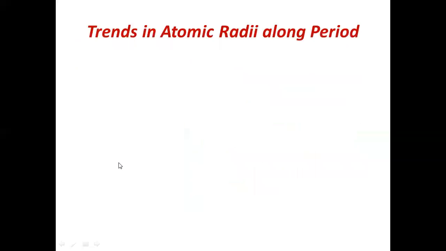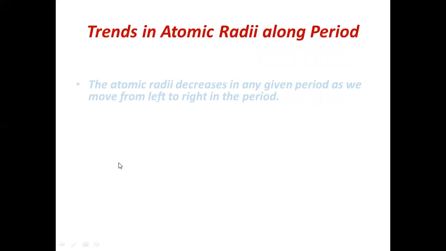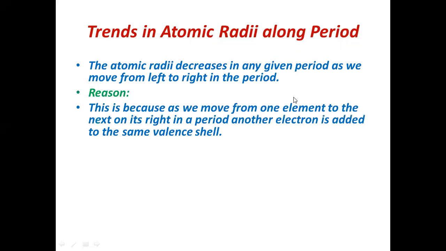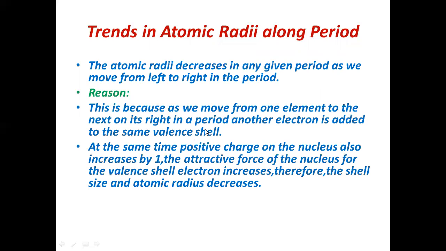Then, variation in atomic radius, or trends in atomic radii along a period. When we move from left to right along the period, what happens to the atomic radius? It decreases. Why does atomic radius decrease? The reason is that when we move from left to right, from one element to the next, another electron is added to the same shell, because in the same period the number of shells remains constant.